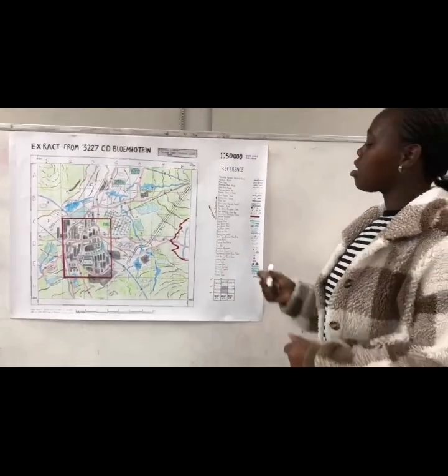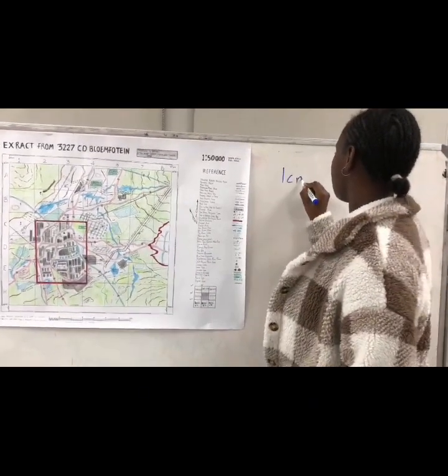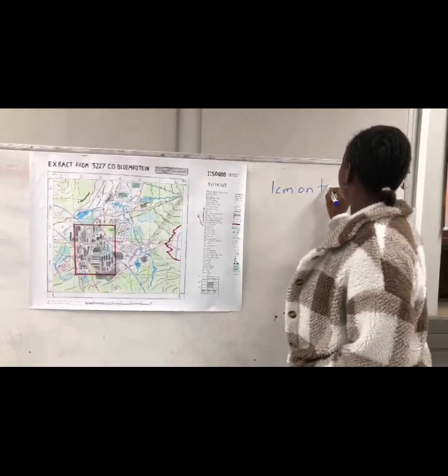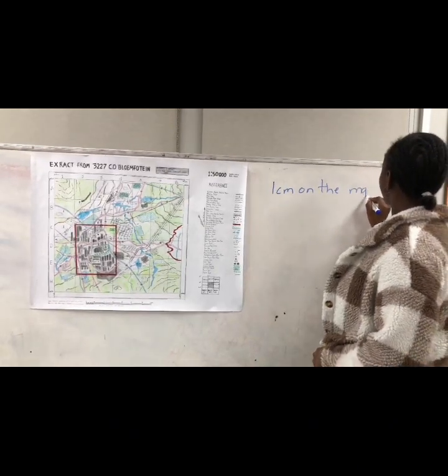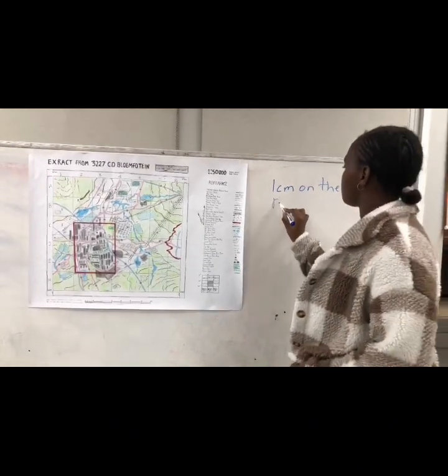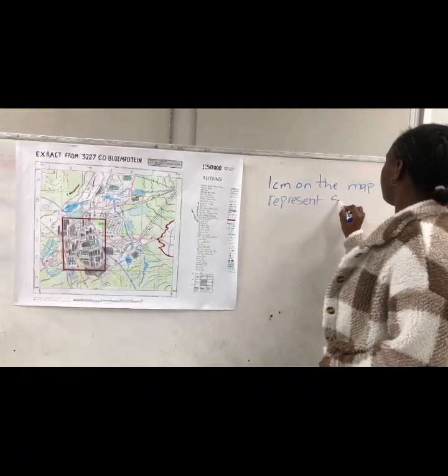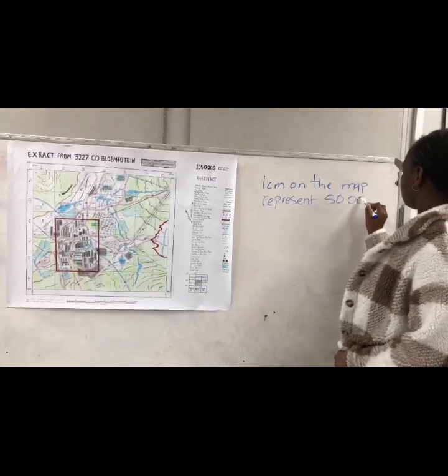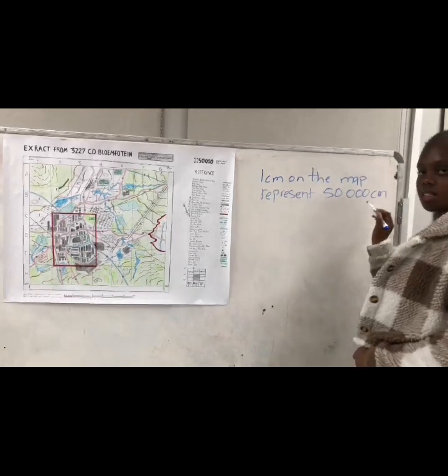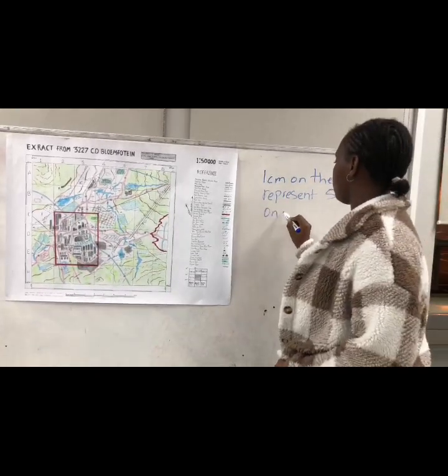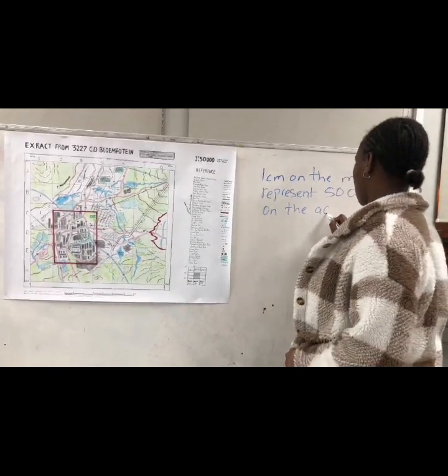It means that 1 centimeter on the map represents 50,000 centimeters on the actual ground.